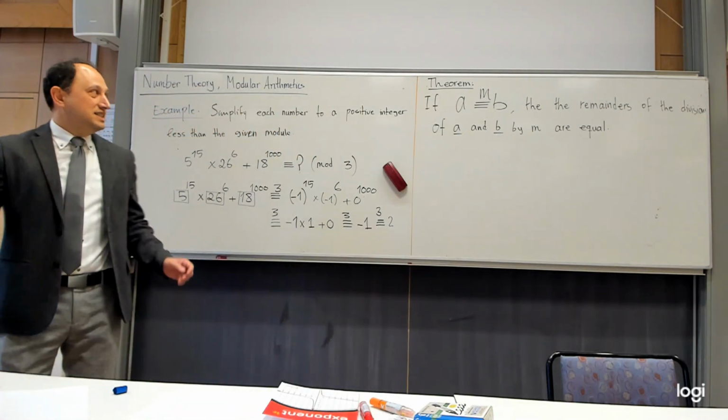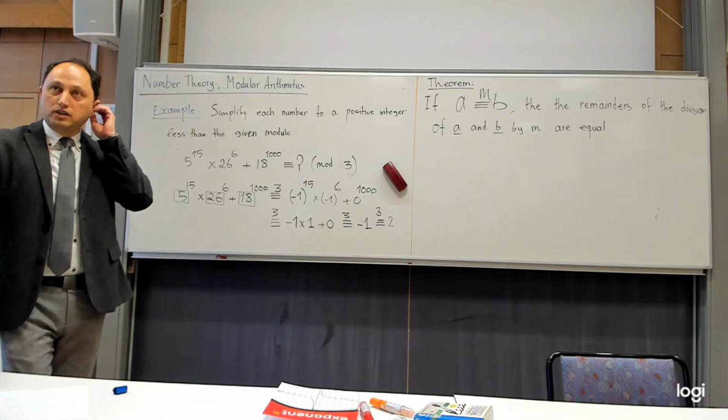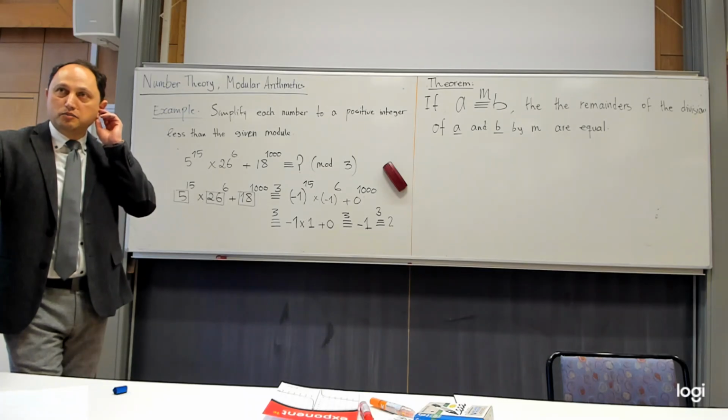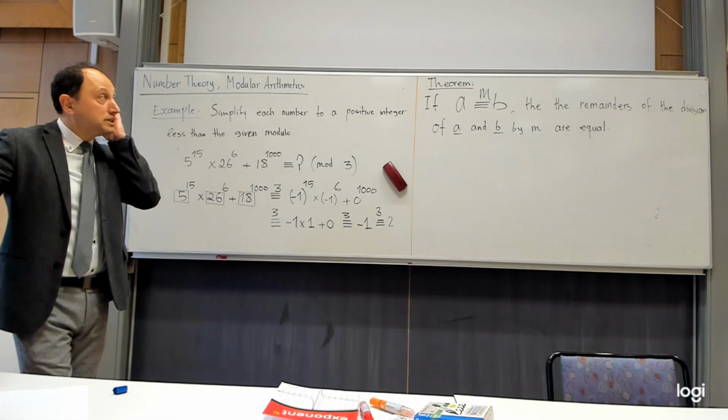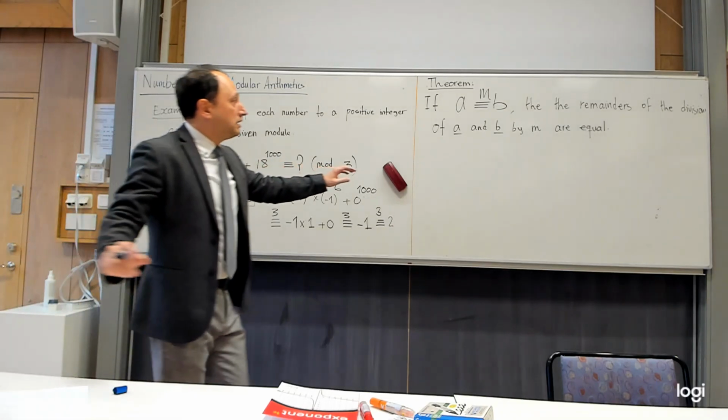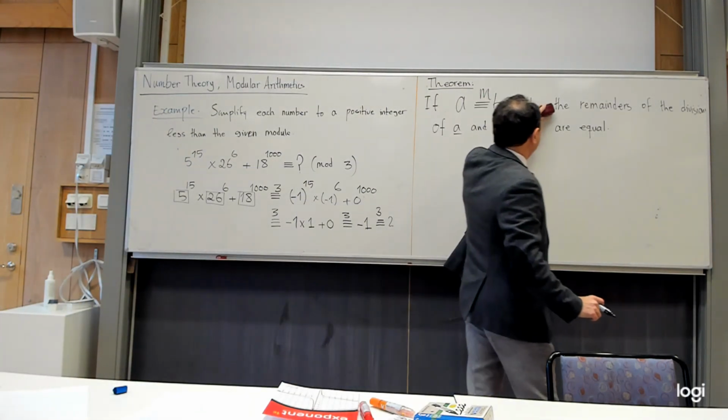Of course, this is if and only if, but the other direction is so trivial that I didn't even mention it. I will come back to it if you have problems here. But that is not trivial. Sorry, if the remainders are equal, okay?